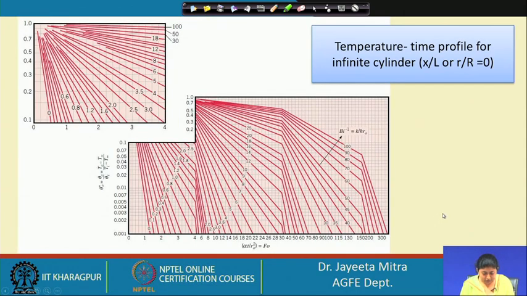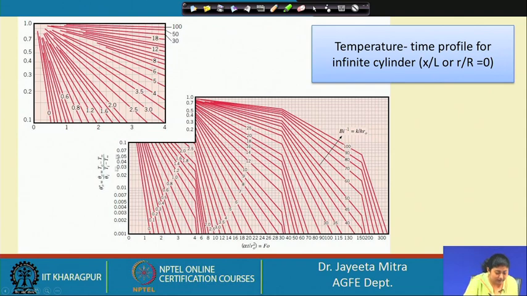the other chart, which is called the Haeseler chart, where again the Fourier's number, alpha t by r 0 squared, or you can term it as L c, the characteristic dimension squared, is represented in the x axis, and in the y axis we have the dimensionless parameter theta, like T 0 minus T infinity by T i minus T infinity.